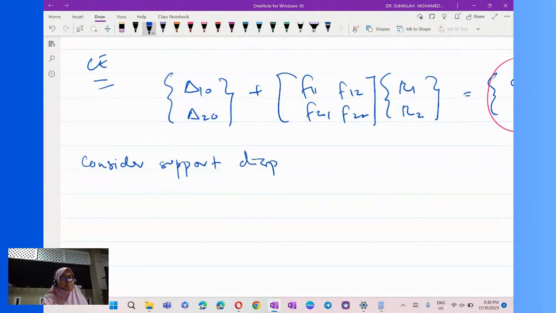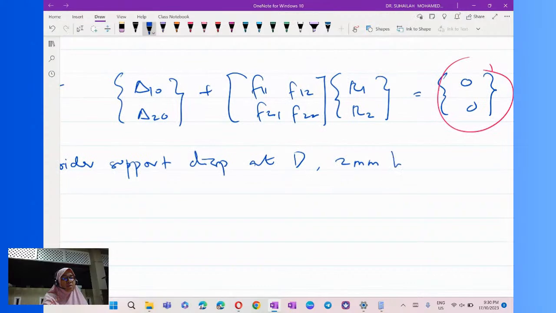Consider support displacement at D, the value is 2 mm horizontally in the right direction.